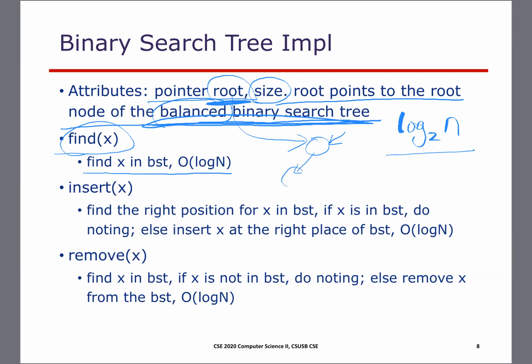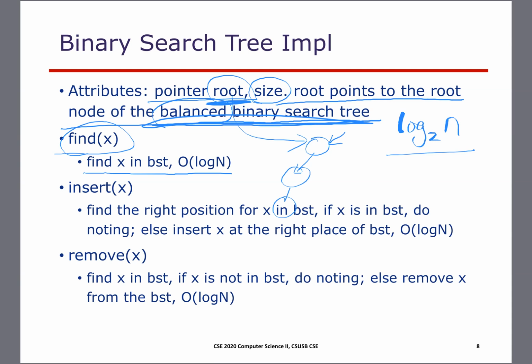If they don't match, we move down toward a leaf node. So the worst case is we start from the root node and find x at the last level of the tree.